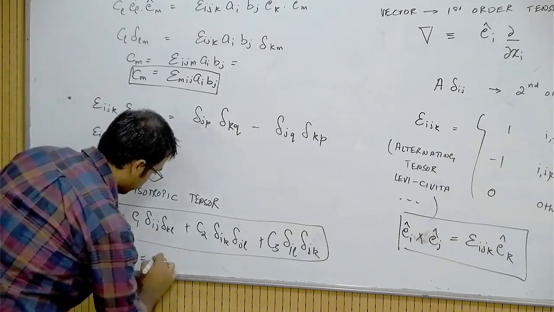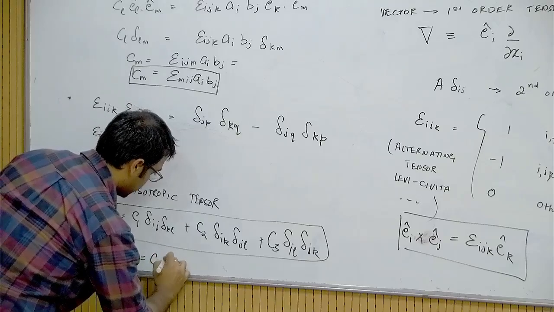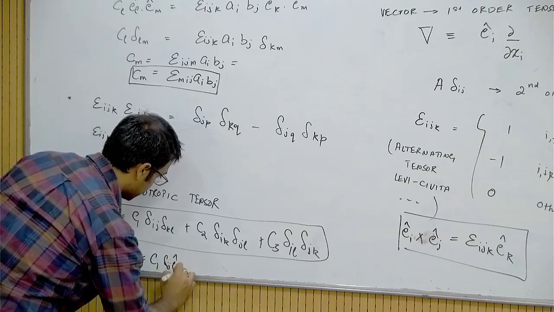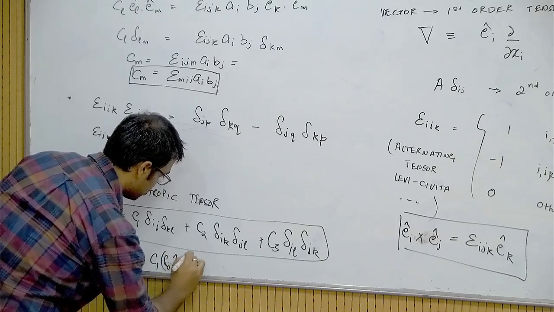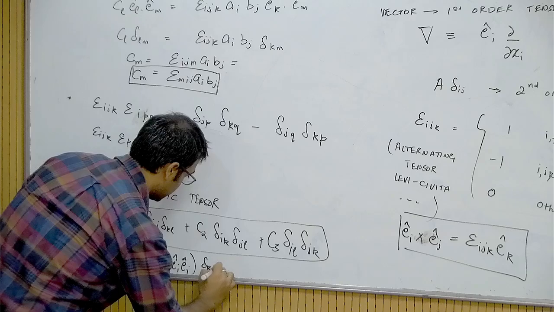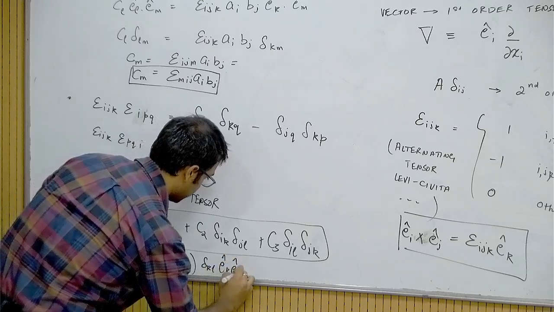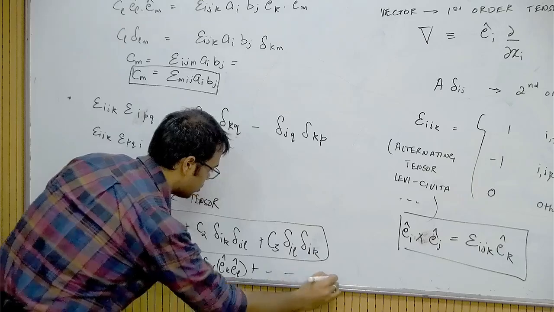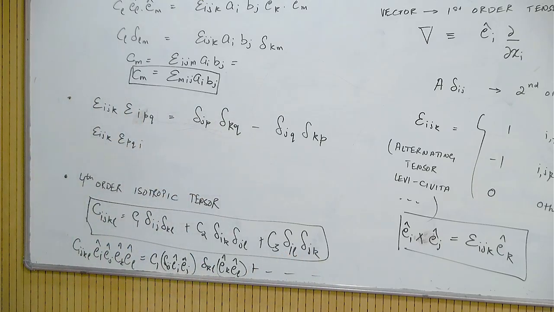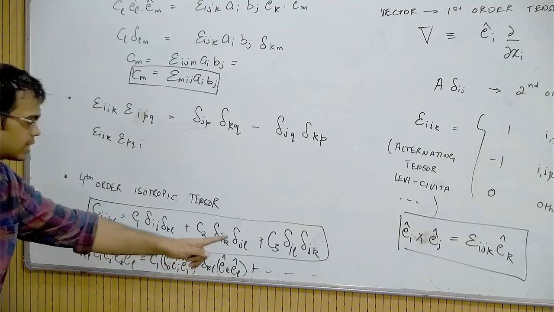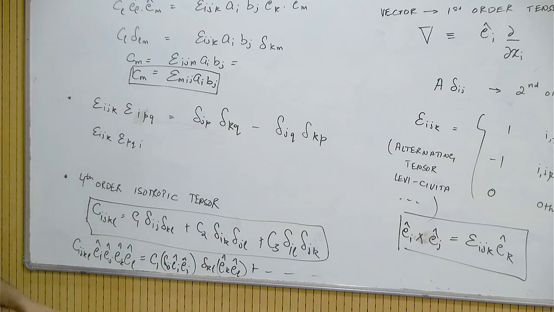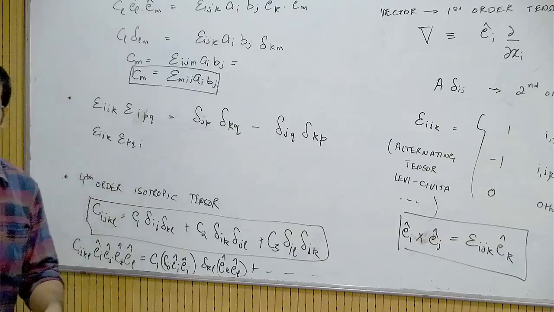And then you will have to define it as C1 times delta I j, E hat I, E hat j, times delta k l, E hat k, E hat l, plus so on. Just to prevent myself from writing these cumbersome basis vectors, I just wrote the components of this tensor.